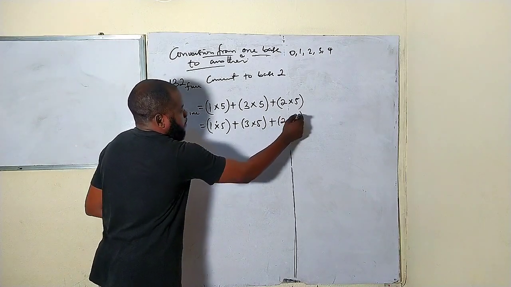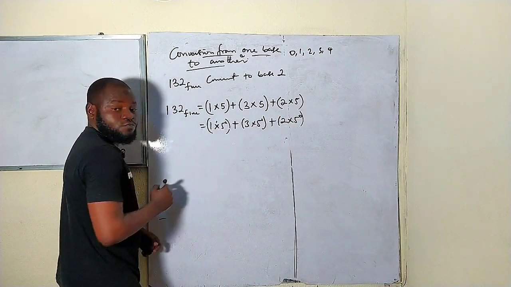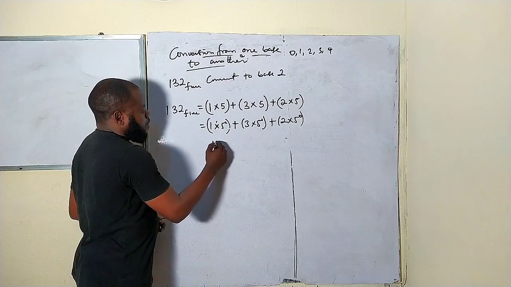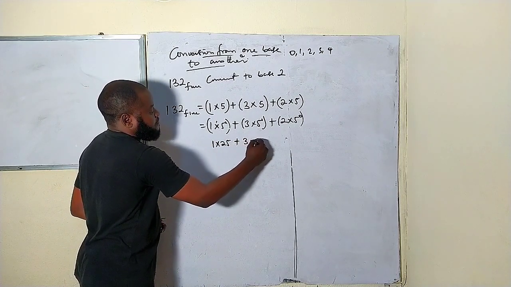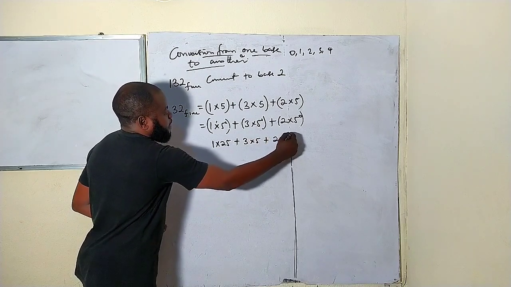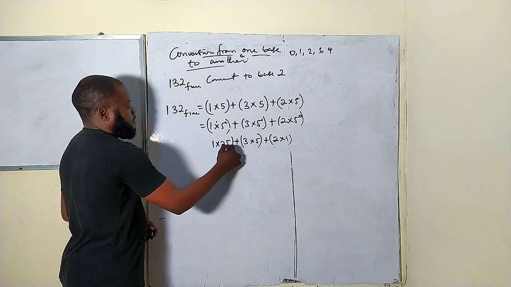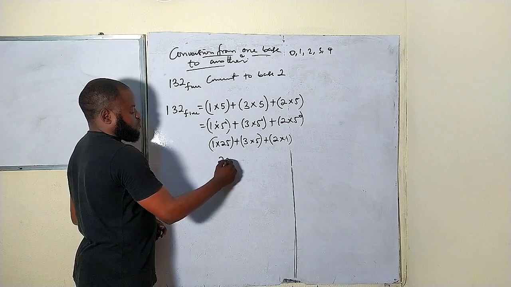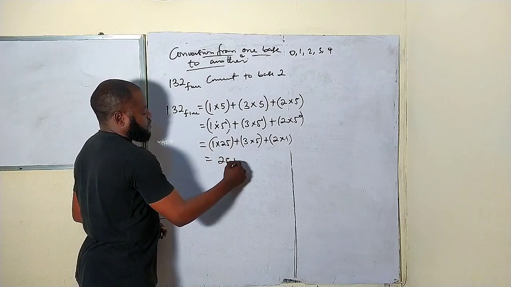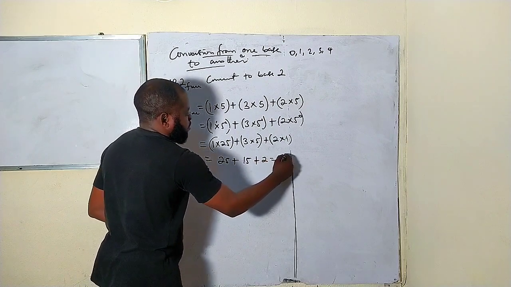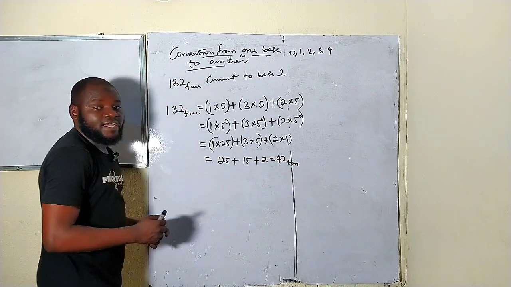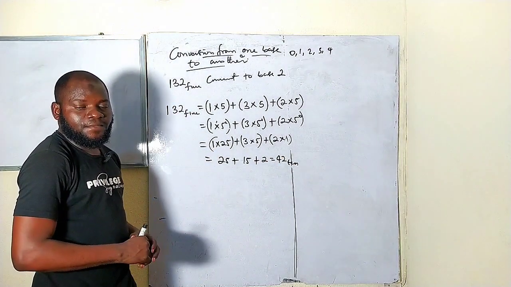So you put the powers 2, 1, 0. So you have here 1 multiplied by 25, plus 3 multiplied by 5, plus 2 multiplied by 1. Is that taken now? So this will give us 25, this will give us 15, and this will give us 2. So that makes 42 in base 10. Do you guys understand this now?